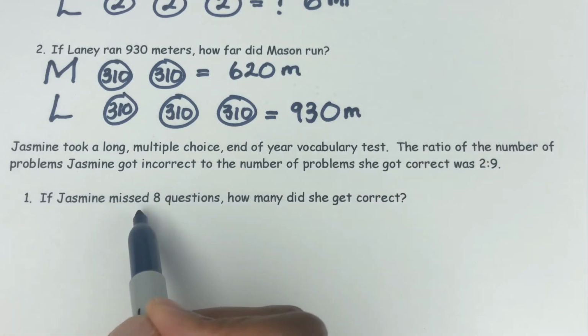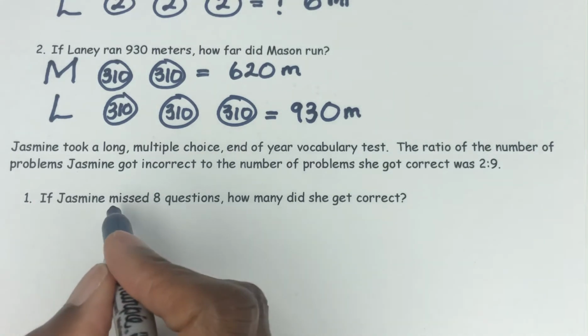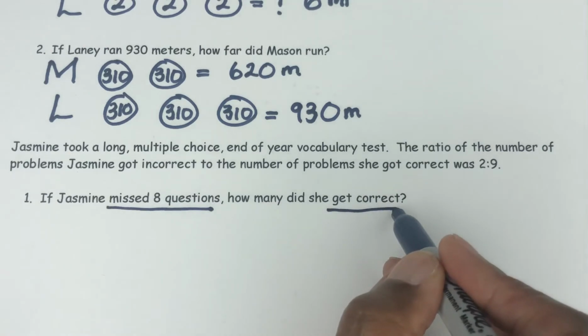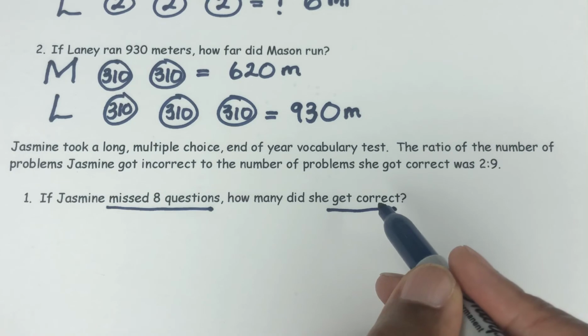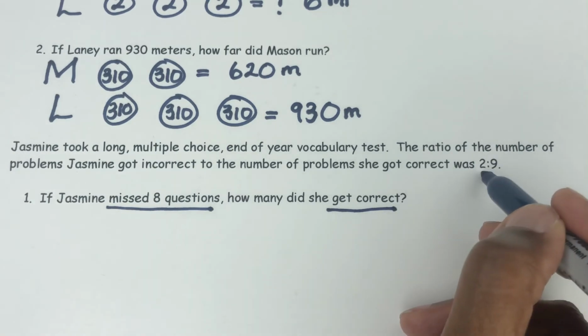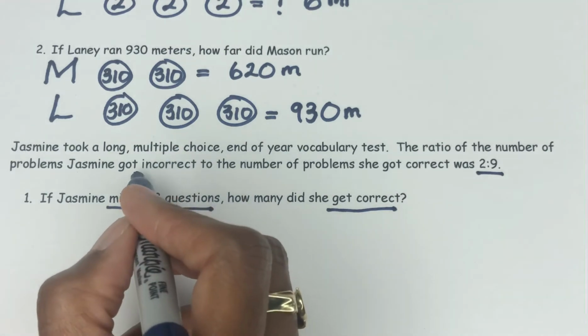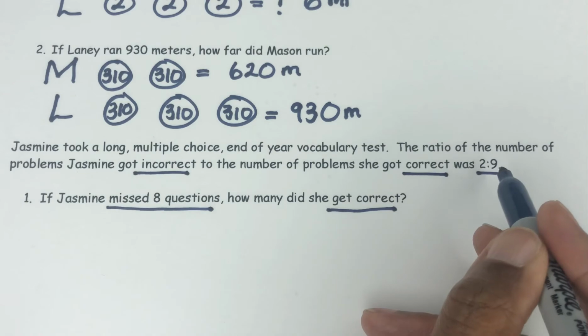Question: if Jasmine missed 8 questions, how many did she get correct? Okay, so she missed 8 questions and they want to know how many did she get correct. So that means, remember, you have to keep everything proportional, the same proportions. So if it's 2 to 9, that means incorrect to correct is 2 to 9.